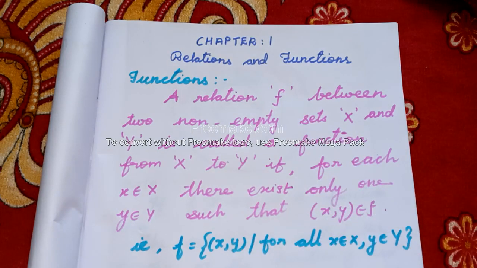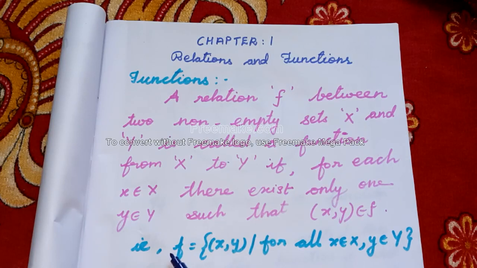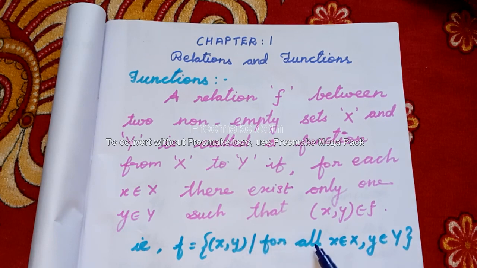Listen, shortly when we are saying (x, y), it is a subset of Cartesian product. For all x belongs to x, y belongs to y.